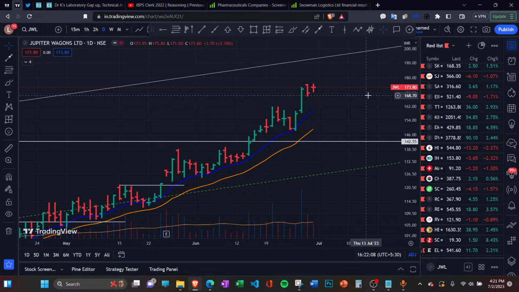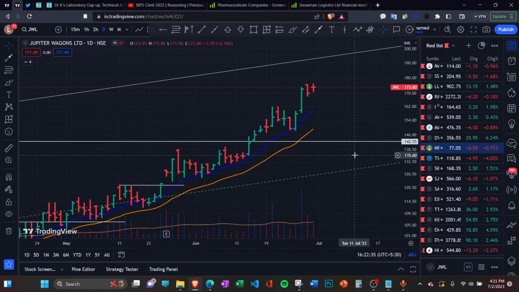So why do you want to sell it? My simple rule is, during a peak bull market like this one, not to sell the stock as long as it is above the 10 and the 21 moving average, especially the 10 moving average, like the example I showed you of Titagar, and this one, JWL.